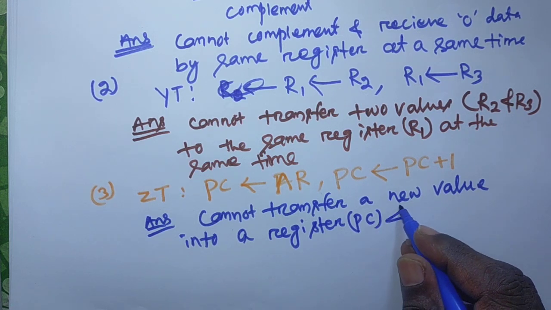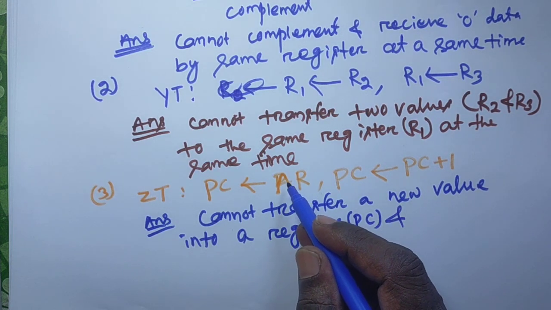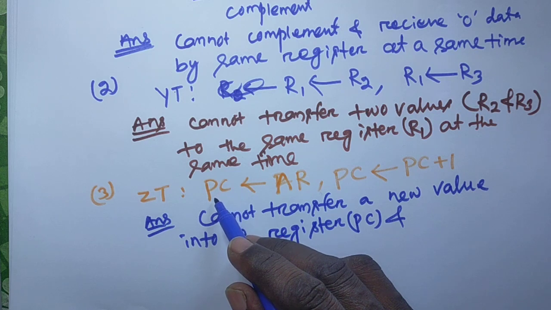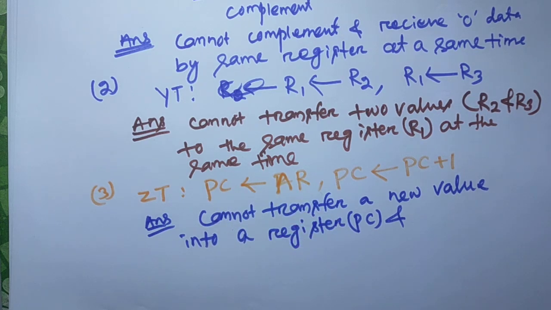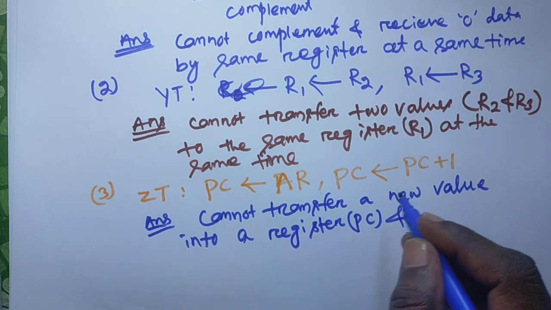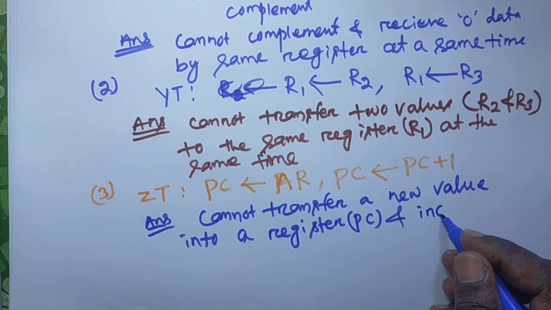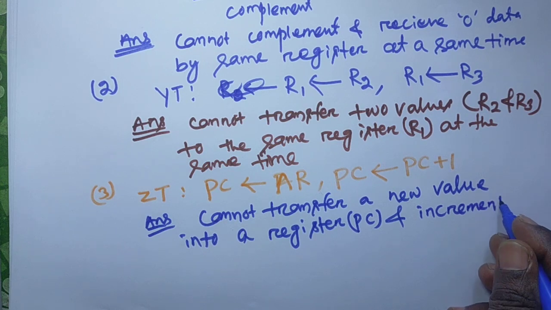Because AR contains some value to transfer to PC as a new value, this new value cannot be transferred, because another concept is there at the same time: the increment.